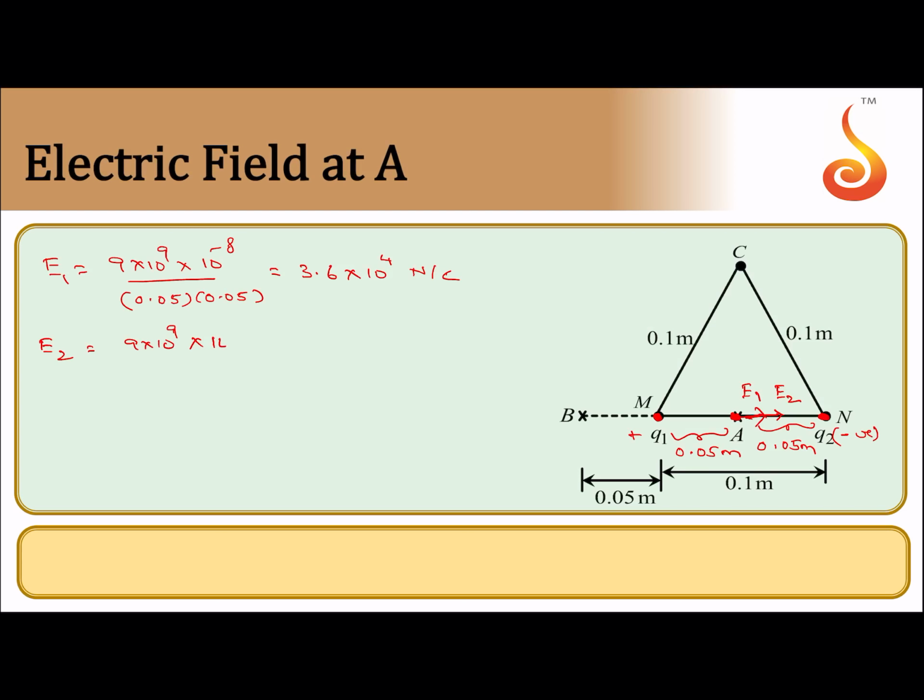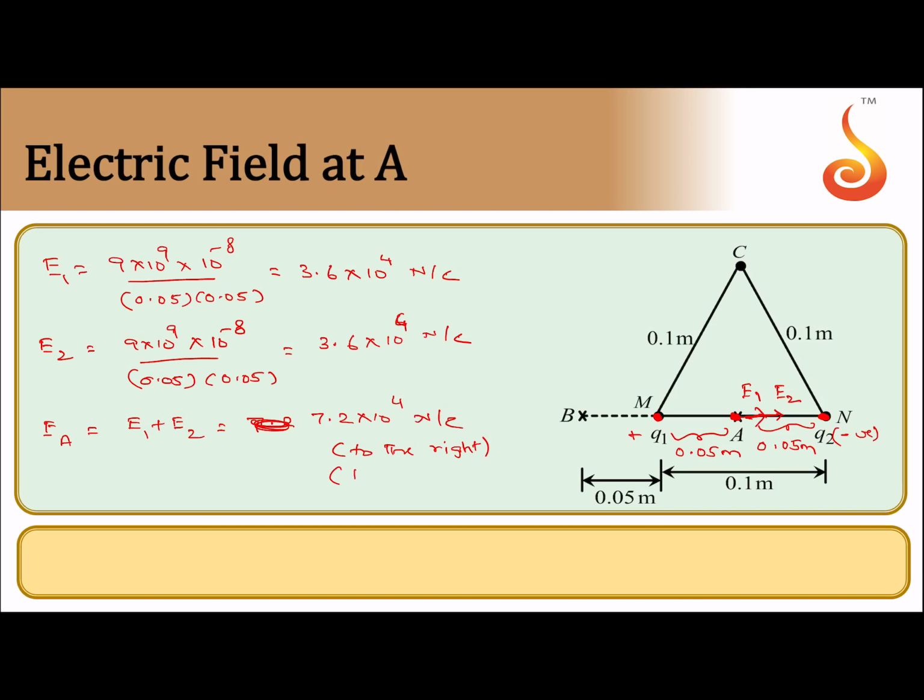So, I will still write 10 power minus 8. I will not write minus 10 power minus 8. Okay, it will be into 10 power minus 8 by the distance is the same, 0.05 into 0.05. So, the answer will still be 3.6 into 10 power 4 Newton per Coulomb. Therefore, your resultant net electric field at A is simply E1 plus E2, which is 3.6 plus 3.6, 7.2 into 10 power 4 Newton per Coulomb to the right.